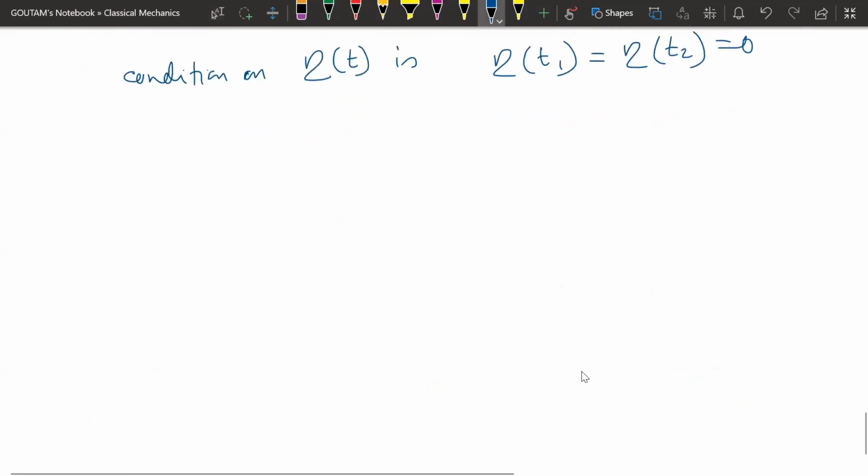So now let's vary this path, and let's look at the variation of this action integral, that is J. First, define this action integral, which we already defined.